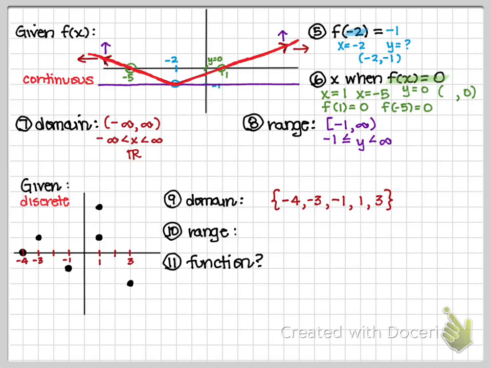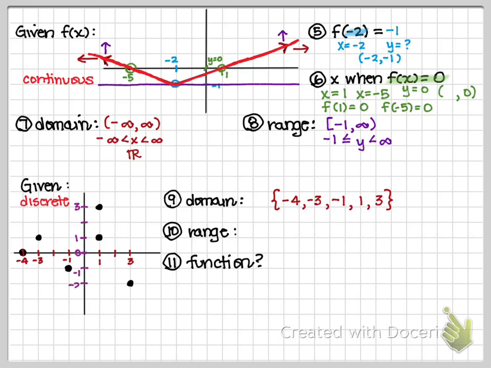Range, I'm going to do the exact same thing. So with range, I'm going to go through and I'm only going to label the y values that are used. So let's see. I do have a point up at 1, not at 2. I'm not going to label it. Yes, at 3. I do have a point at 0 because it's this guy way over here. -1, I do have a point.